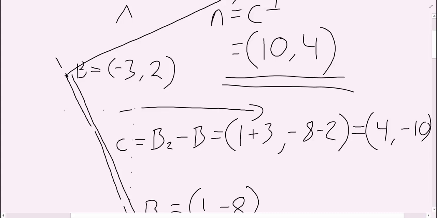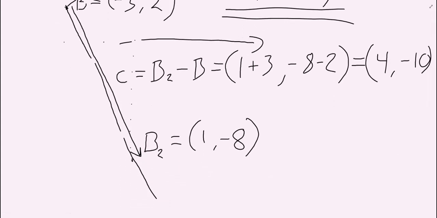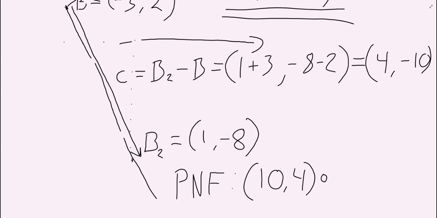Here we have the normal, it's 10, 4, so the point normal form would look like this: 10, 4 dot r minus, you can use either point, minus 3, 2 or 1, minus 8.